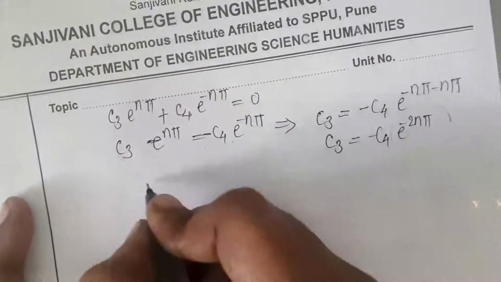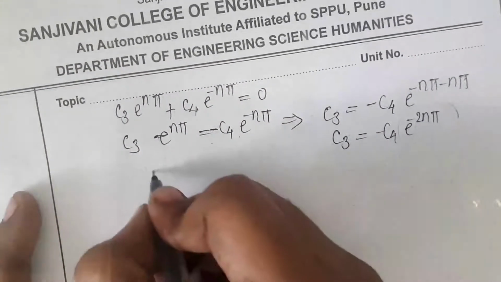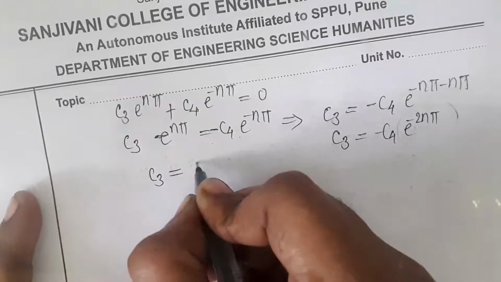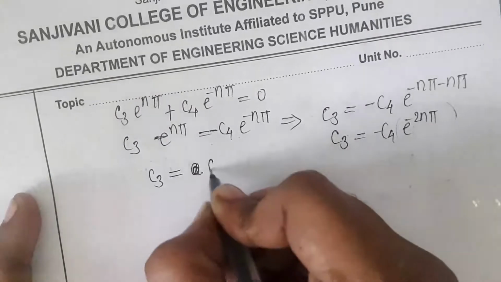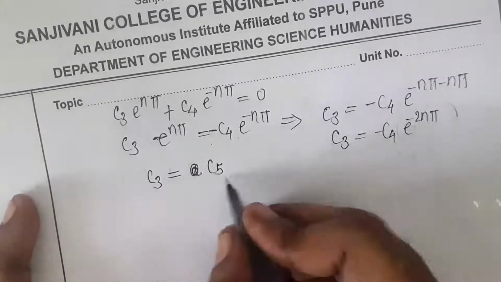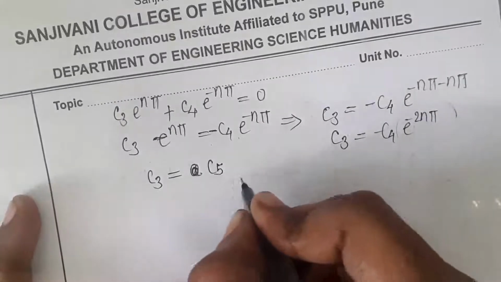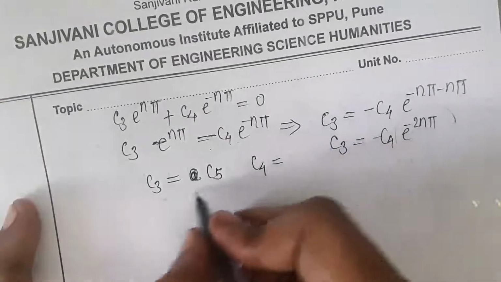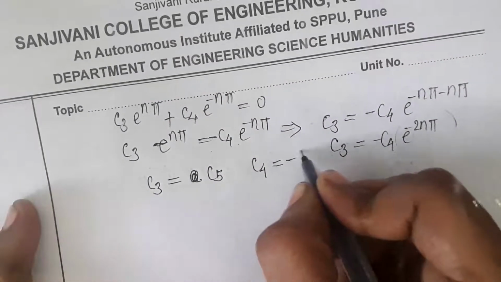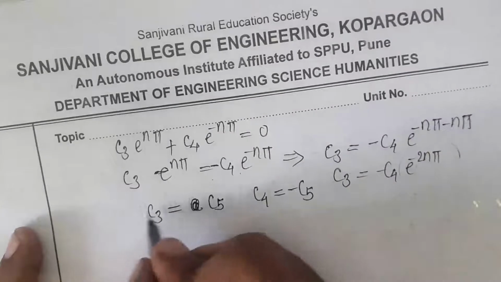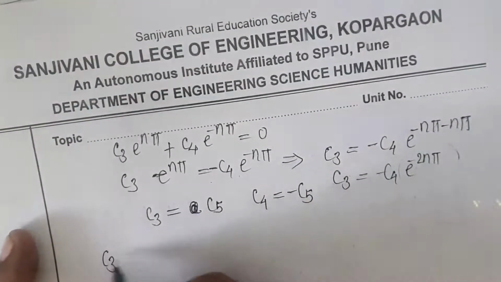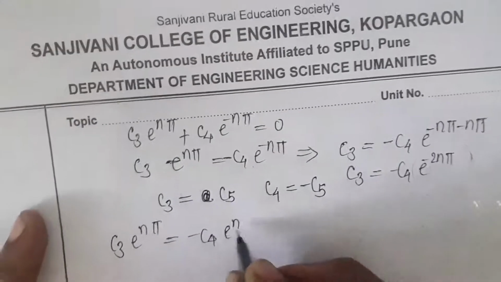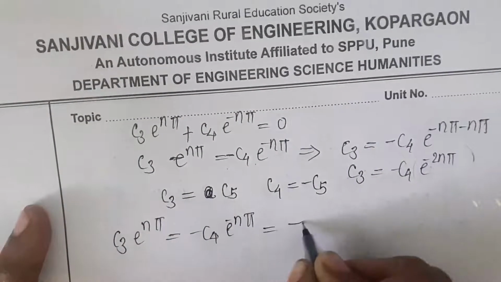So we get a relation between c3 and c4. Let c3 be, suppose, a, or I am considering here c5. So c3 = c5, and c4 becomes minus c5.